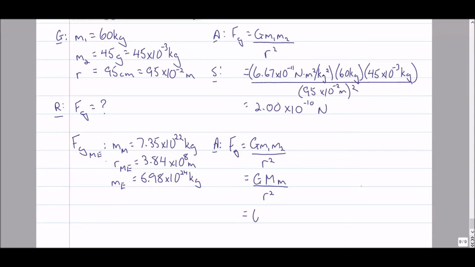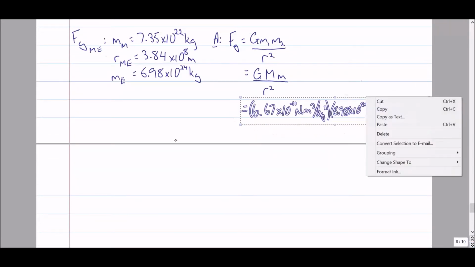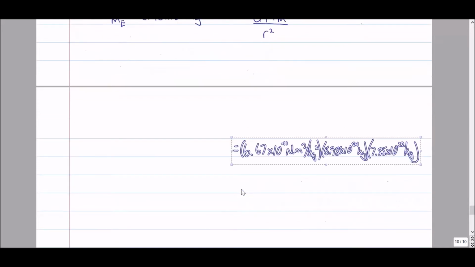So now we can put in 6.67 times 10 to the power of minus 11 newton meters squared per kilogram squared. I'm going to multiply this by 5.98 times 10 to the power of 24 kilograms, and multiply that again by the mass of the moon, 7.35 times 10 to the power of 22 kilograms. I'm running out of space, so I'll bring these numbers down here so we're working on the same line.